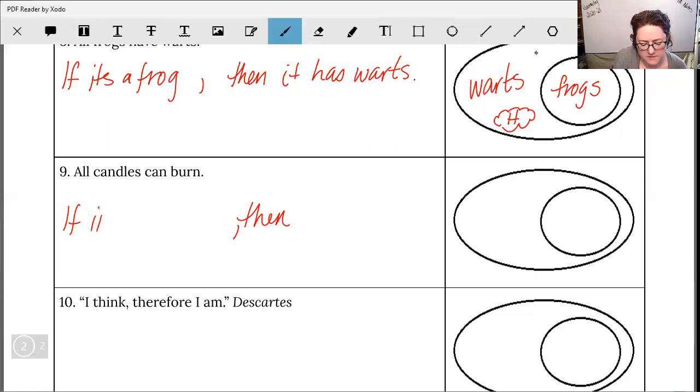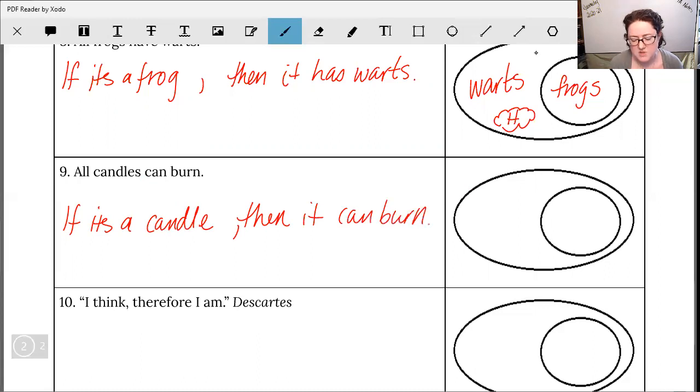So if it's a candle, then it can burn. And this works kind of the same way with warts and frogs. What's the bigger group, candles or things that can burn? So bigger group is actually things that could burn. It could be candle, it could be paper, it could be, you know, you're throwing logs on a fire. So candles are kind of your subset.